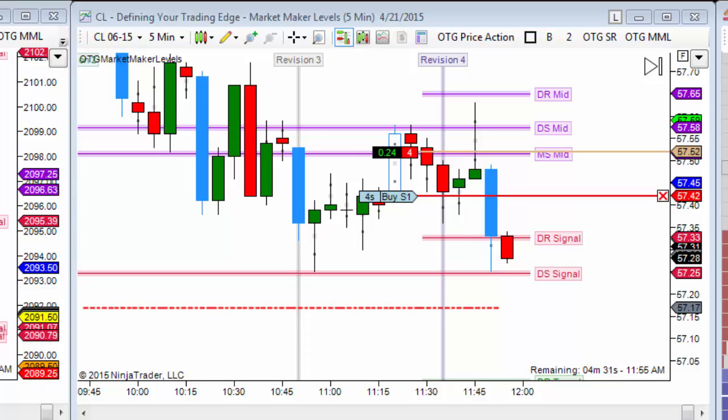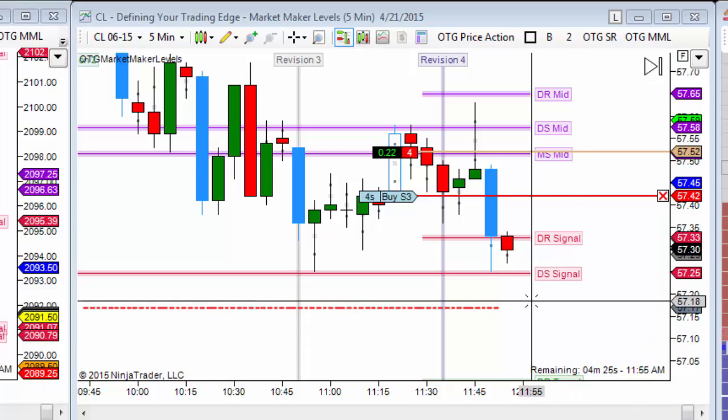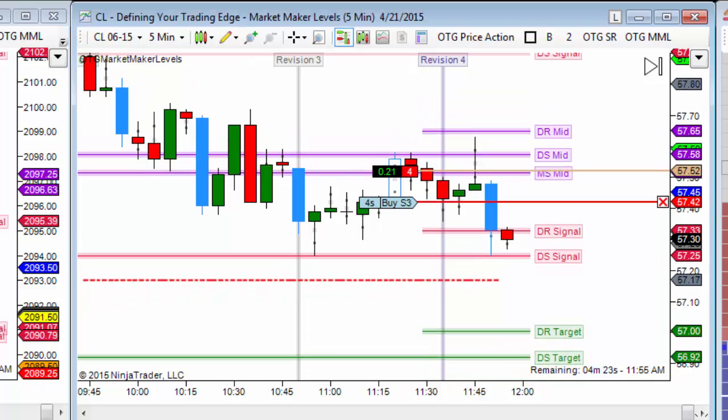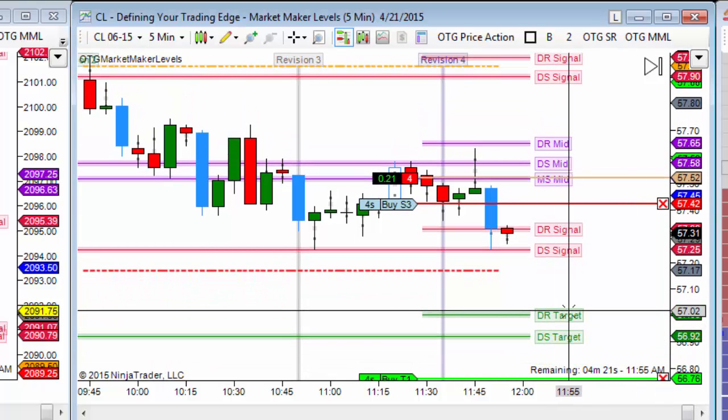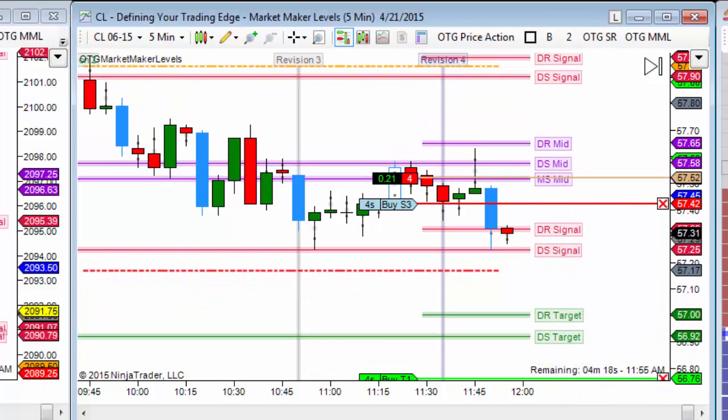Let's bring this back to 42 on the trailing stop. You've got orders down there at 20 and 25. And then the lows down there at 17. Now you've got revision target down there at 02.